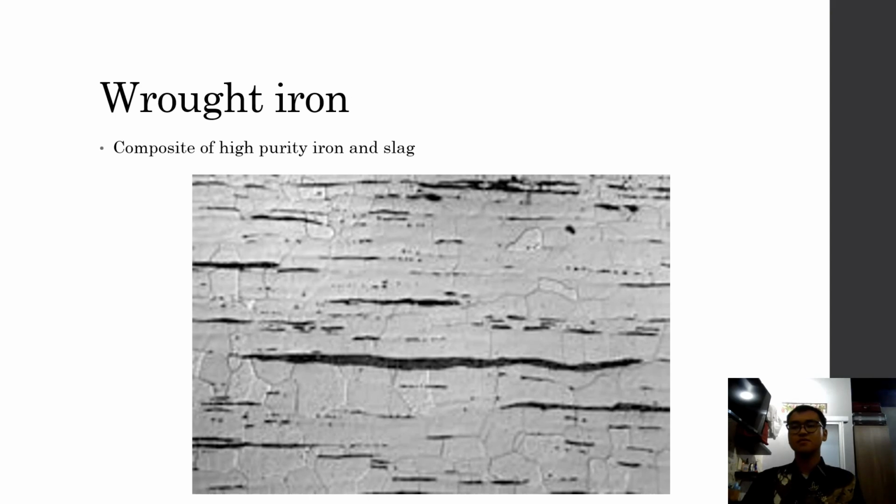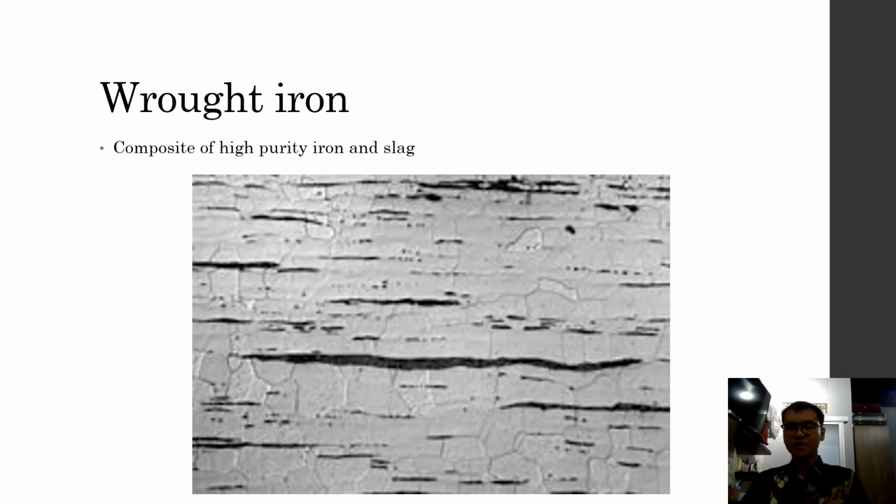The last one is wrought iron. Wrought iron is essentially a composite material consisting of high purity alpha iron and slag. The carbon content of the iron is generally below 0.08%, and the manganese content is below 0.06%, while the slag content usually varies between 1 to 3% by weight.